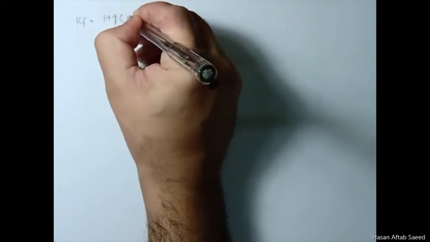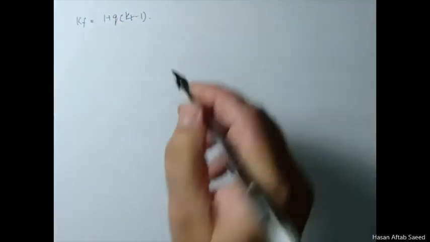Kf is equal to 1 plus q times Kt minus 1.